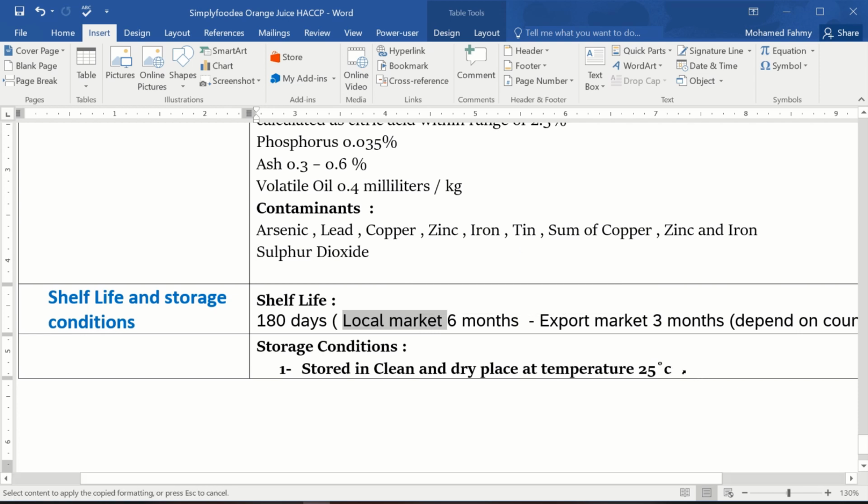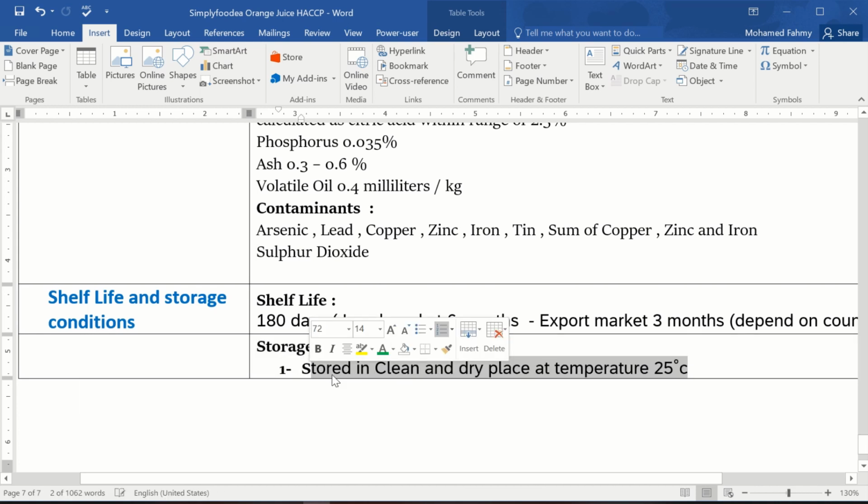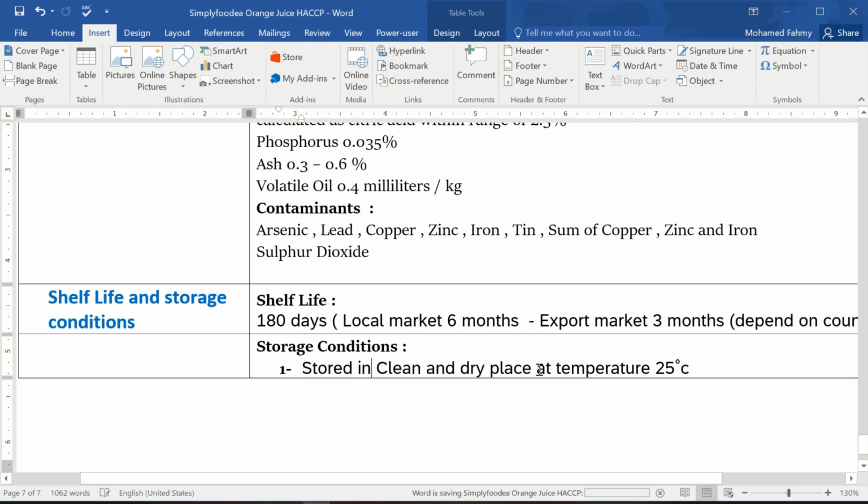There must be tolerance. There must be a range from to, because when you face an audit or any standard audit, if it is written 25 only, and the temperature is 28, what will happen? When the temperature is 22, are you within the standard or not? So you must write a range.